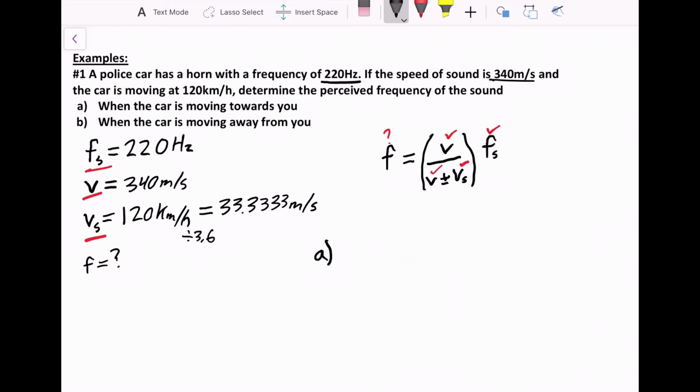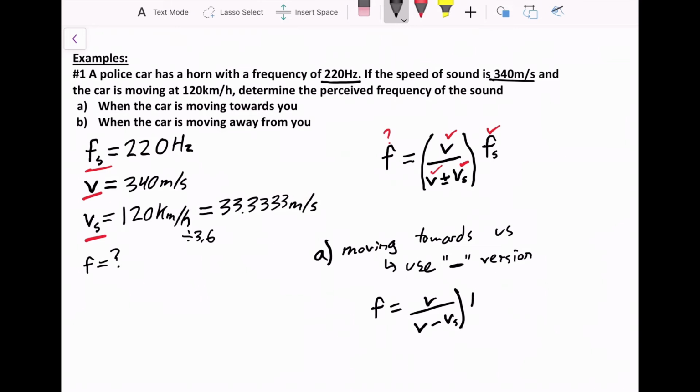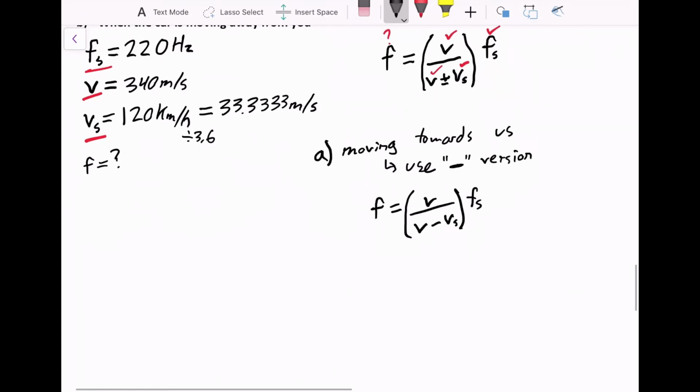So keep in mind, for the first part here, A, the car is moving towards us. That means we use the minus version of the formula. So frequency is equal to speed divided by speed minus speed of the source multiplied by the frequency of the source. And then it's just a matter of plugging in a couple of numbers.